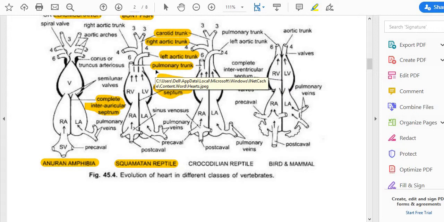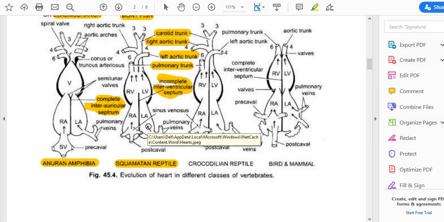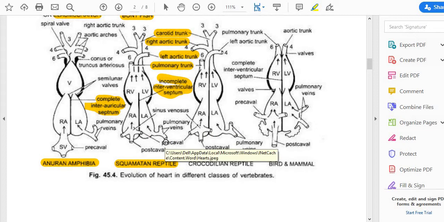When it reaches the lungs it undergoes oxygenation. After oxygenation the blood again gets inside the heart. The blood entered here is pure blood, so it will enter the left auricle.